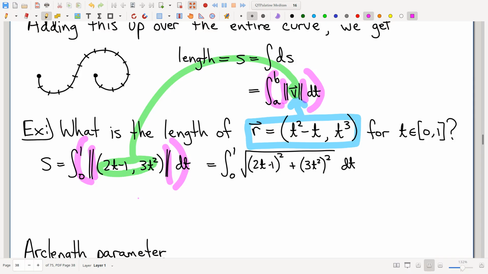And then algebra ensues. And by the way, this integral ends up being pretty undesirable, and I'm sorry to report this is pretty often the case. These integrals get ugly pretty routinely because they're integrals of magnitude. Magnitudes are square roots, and square roots make ugly integrals. Okay.